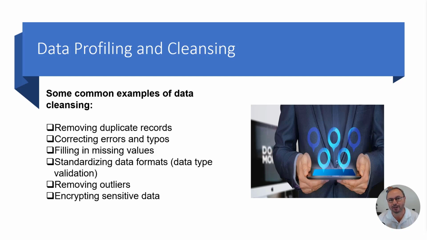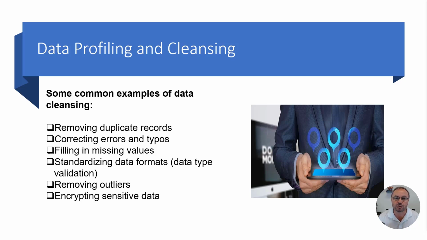What are some common examples of data cleansing? This could be removing duplicate records, could be correcting errors, could be standardizing data formats, removing outliers, could be removing sensitive data. For example, I was at an organization that was servicing mainly government-focused services at the time, and one of the challenges was privacy information.